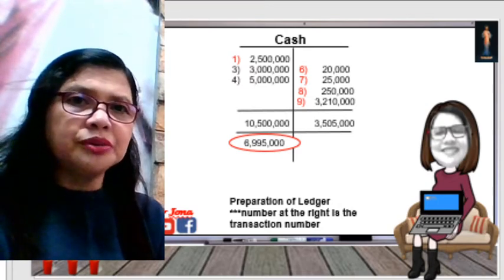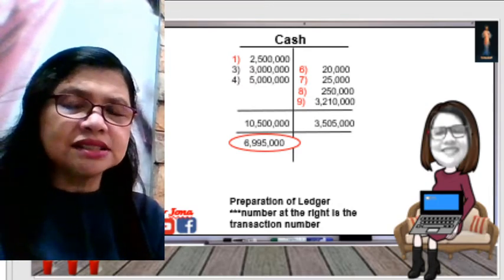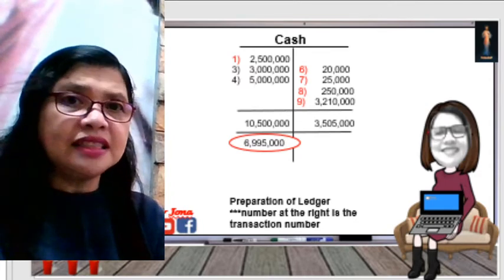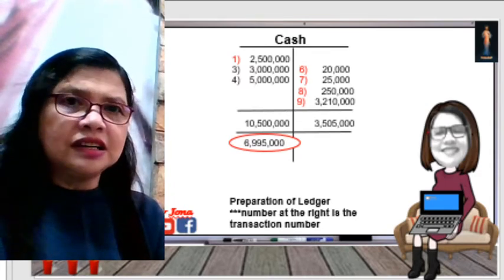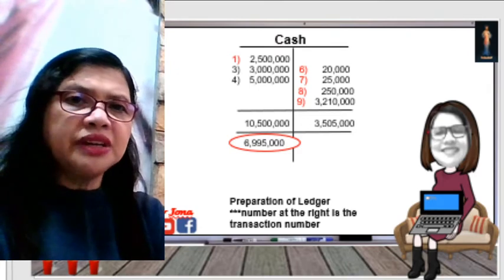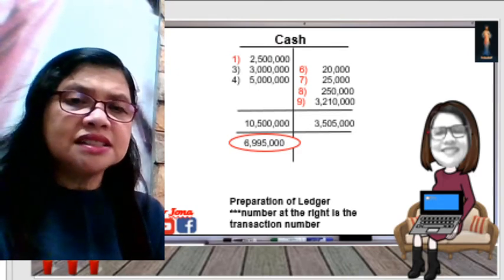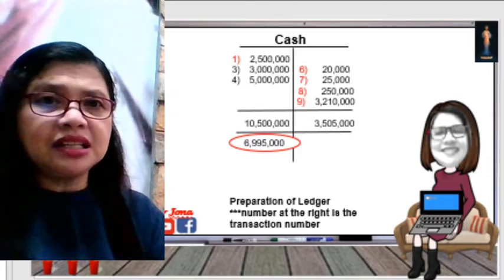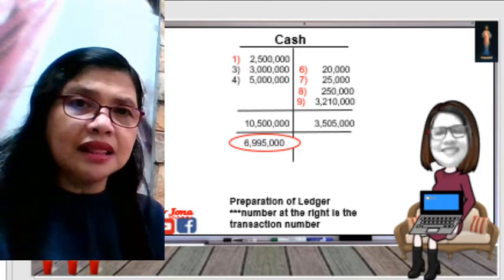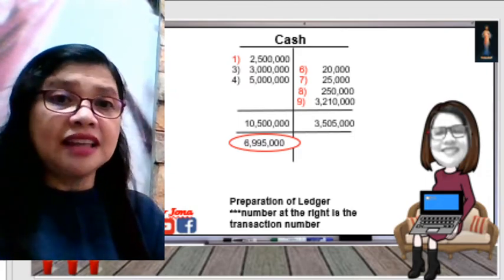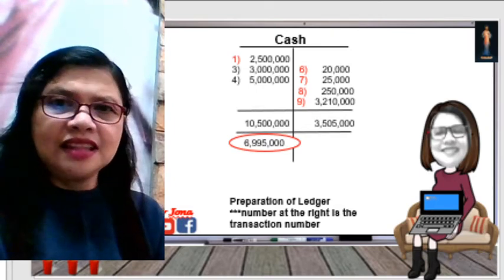Okay? So transaction number one has 2,500,000. I think this is the investment. Okay, so on and so forth. We get the debit balance, deduct it from the credit balance. Since debit is higher than the credit, we maintain a debit balance of 6,995.